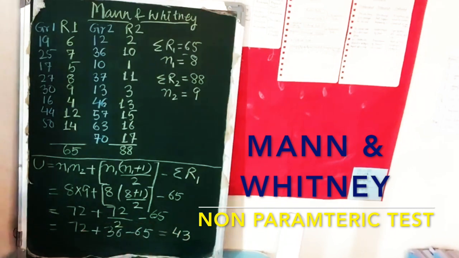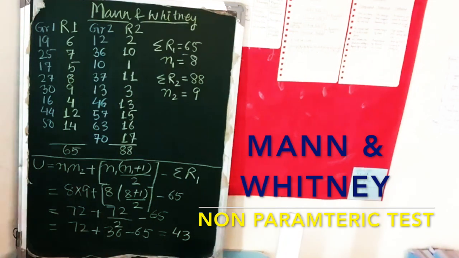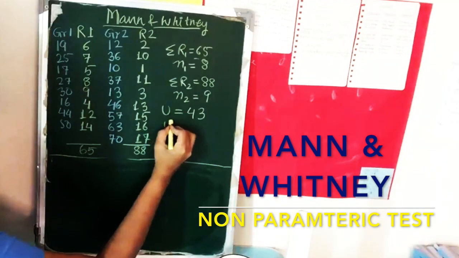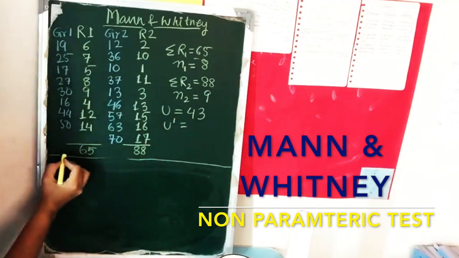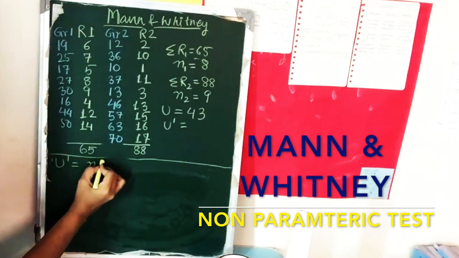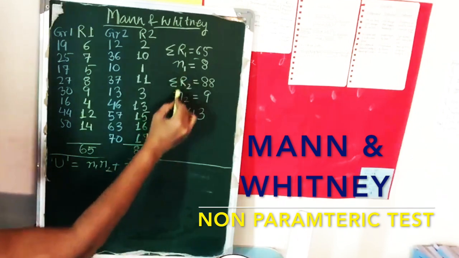So the value of U for group 1 comes up as 43. So we'll note 43 as U. So the value of U was 43.